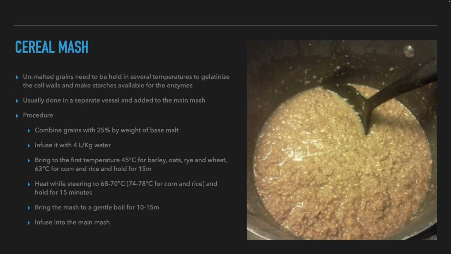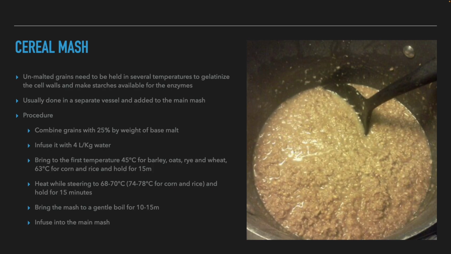The next mash method is not really a mash. Unmalted grains need to be held at several temperatures to gelatinize the cell walls and make the starches available for the enzymes. Usually, a cereal mash is done in a separate vessel and then added to the main mash. The procedure of a cereal mash goes like this.